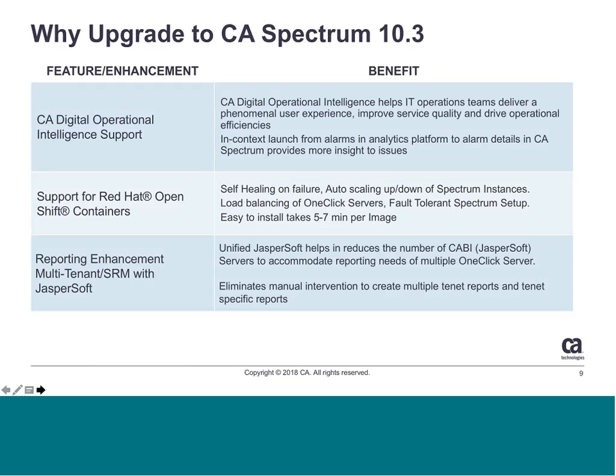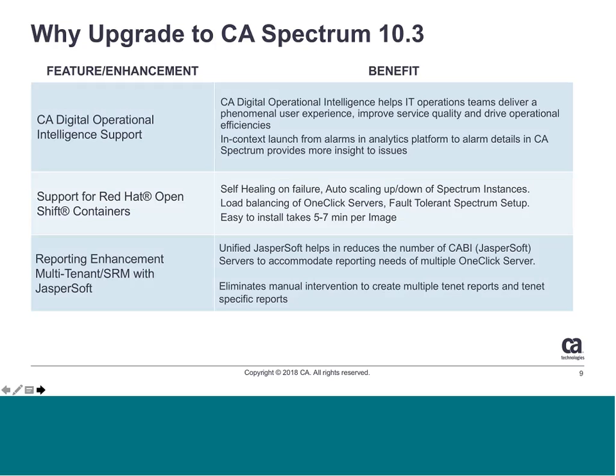First off, we started off with this CA digital intelligence support, right? So again, it helps the operation team to deliver a phenomenal user experience. So note, the user experience is the key here, right? So we're able to improve service quality, drive operational efficiencies. And how is that?